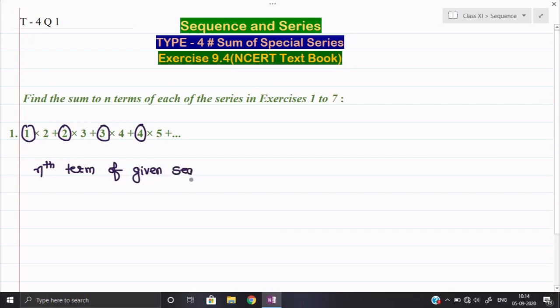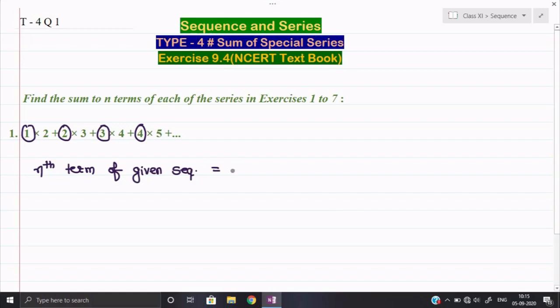I am finding the nth term of the given sequence. Normally, to find the nth term of an AP, we apply the formula a plus n minus 1 into d. In a GP, we apply a into r to the power n minus 1. Here we shall use a little different technique. We will apply the formula of the nth term of an AP only, because the first terms form an AP and the second terms form an AP, but the approach will be a little different.